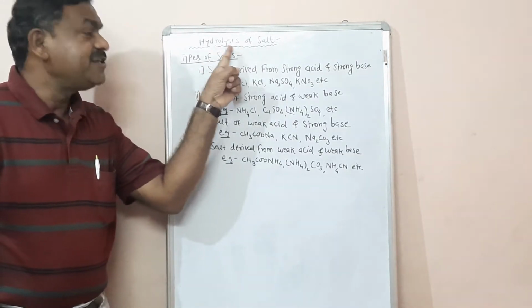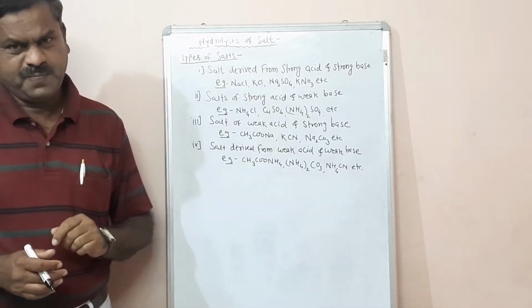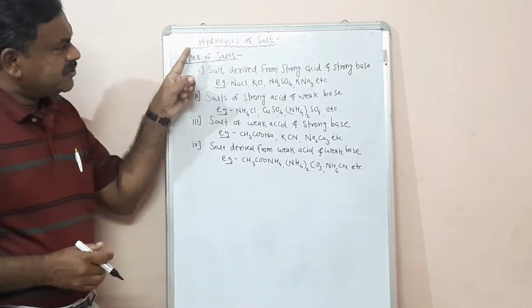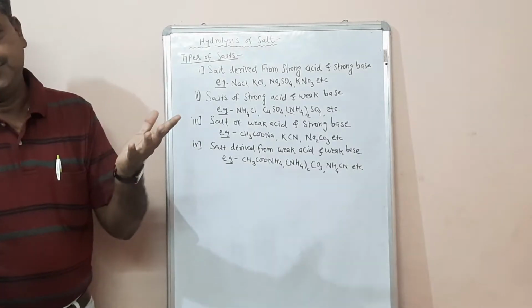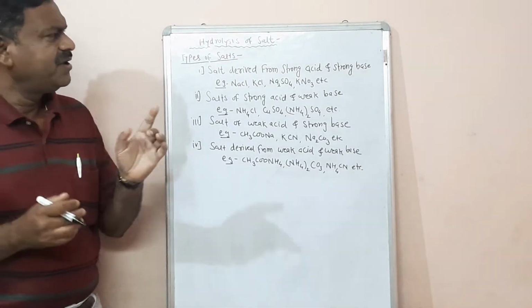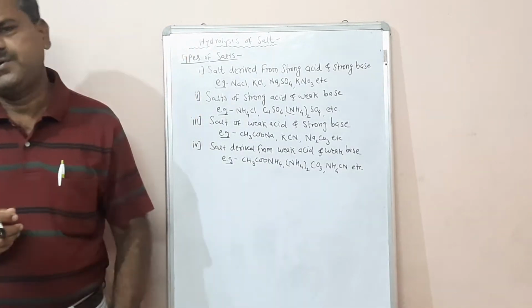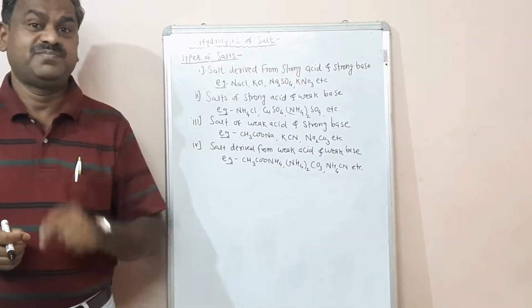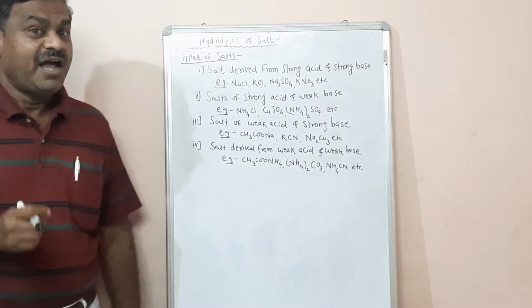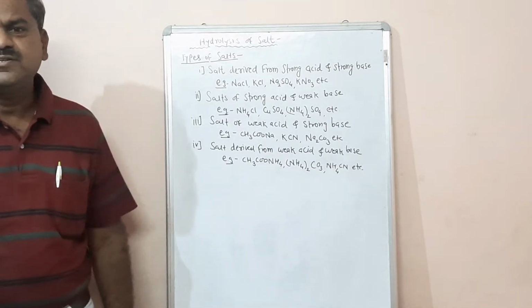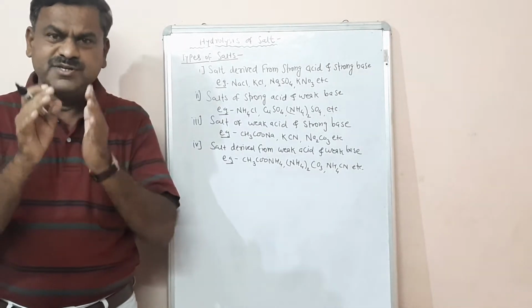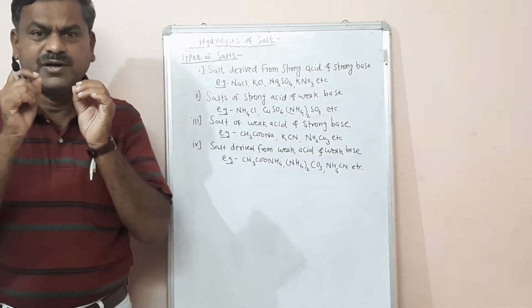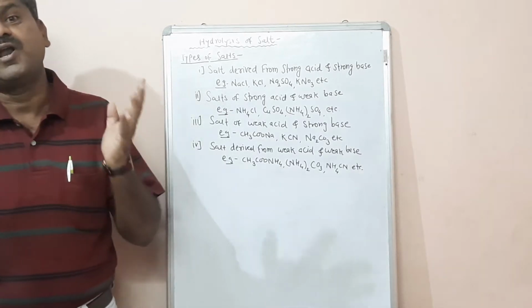Now, the hydrolysis of salt, or salt hydrolysis. What is the same? The hydrolysis means what? We know the neutralization process. The hydrolysis is the process of reverse of neutralization.